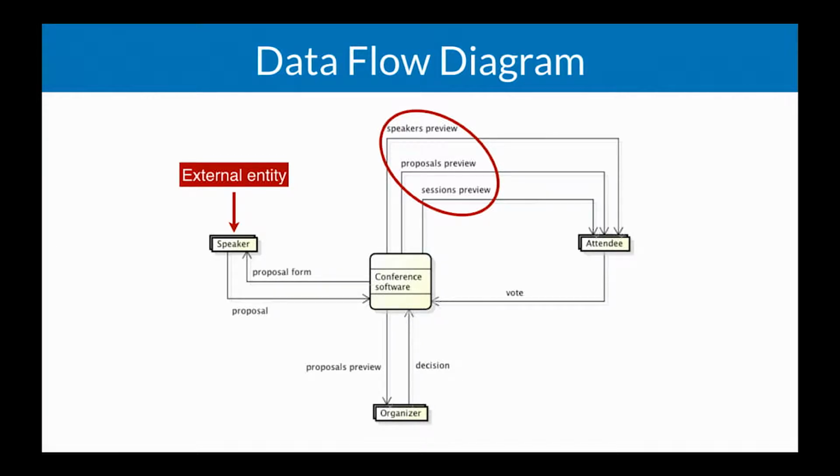So you will need a screen for each one of those outputs. You will need a speaker preview, a proposal preview, and a session preview. So you will have stuff going to the attendee. When they log into the system, or maybe they don't need to log in, they go to the application, and they'll be able to see all of those lists, right? And they'll be able to submit a vote.